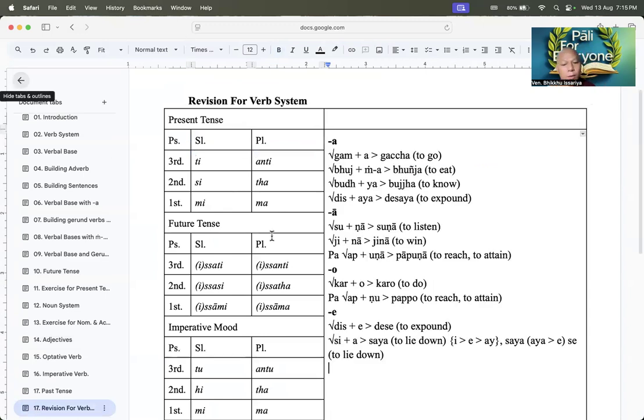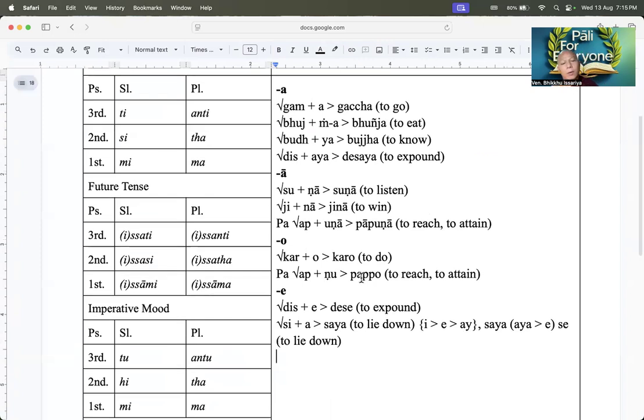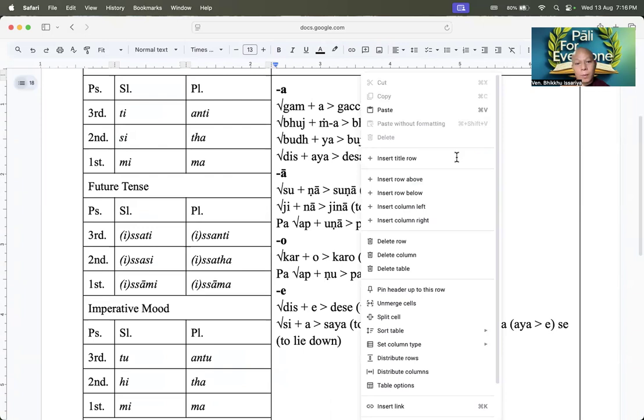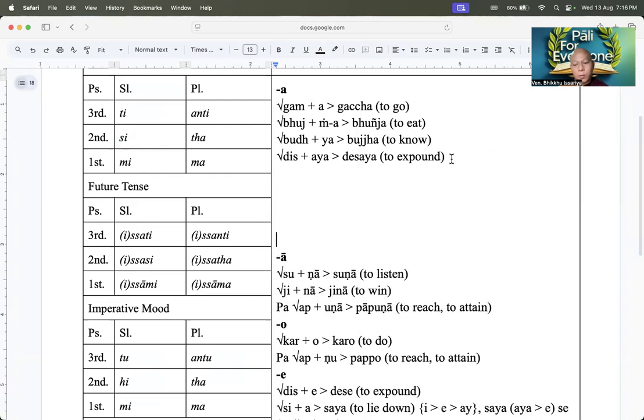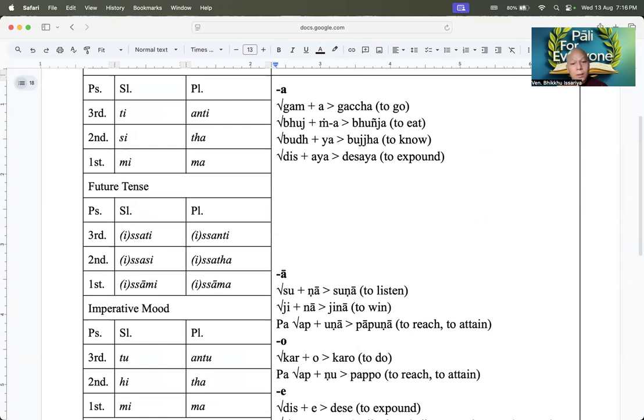With these four types of bases, for example among these, the a-base, gaccha.